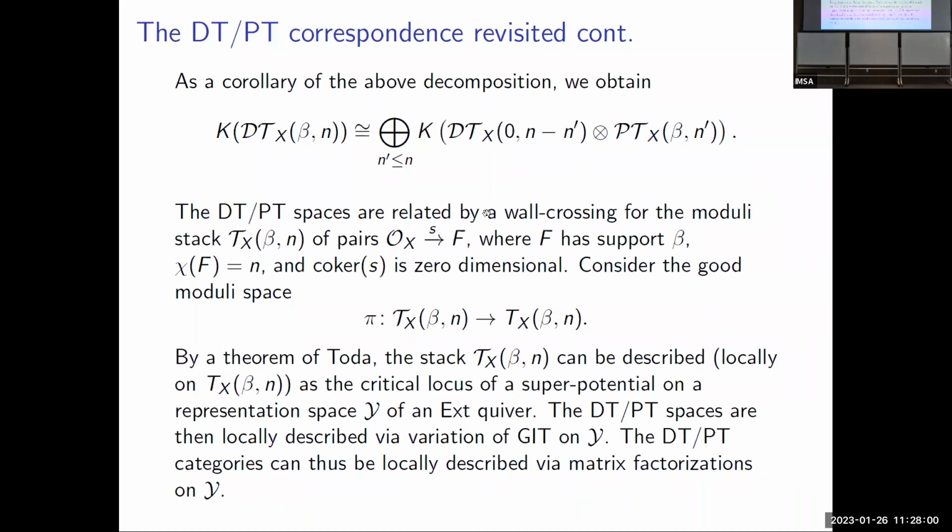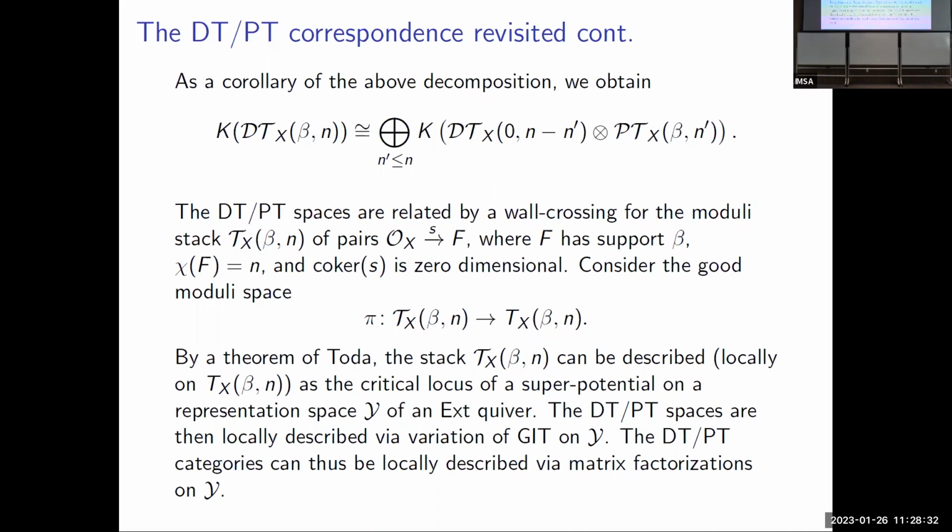So how does the proof go? These DT and PT spaces are related by a wall crossing for a certain stack of maps O_X to F, but now you don't assume that F is pure. This stack has a good moduli space, and you would like to understand both spaces, DT, which has to do with ideal sheaves, and PT with stable pairs, locally on this coarse space.